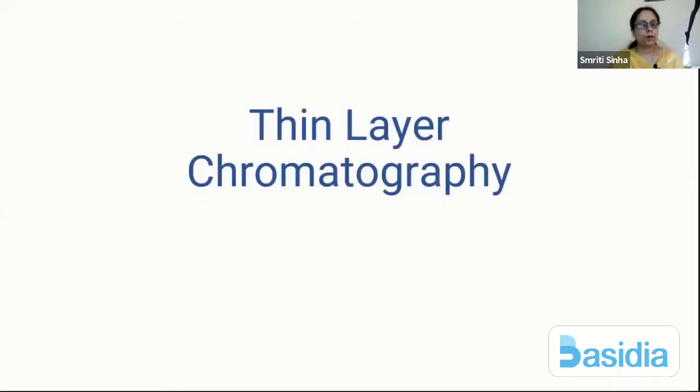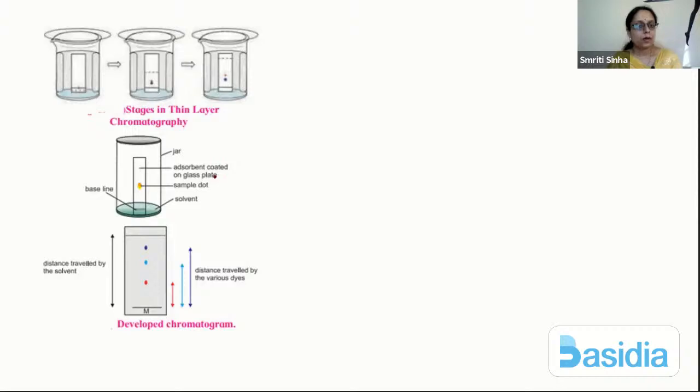Next is thin layer chromatography. In thin layer chromatography, that is TLC, you need to take a thin plate. On that, put silica or aluminium as the stationary phase. Put the mixture which you want to purify here. The spot should be above the mobile phase. Put the mobile phase in the beaker below. Then you have to put a lid over it.